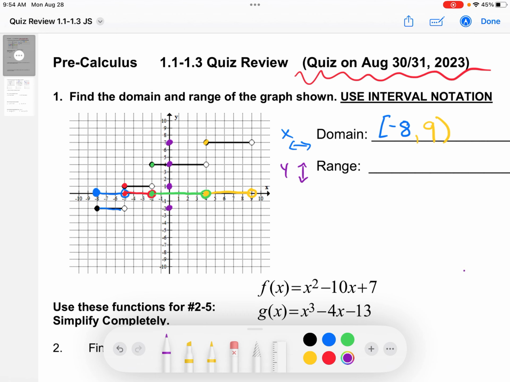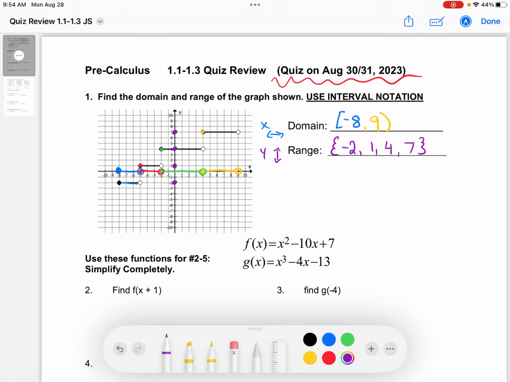So we list that as a curvy brace, and we list those individual y values and end it with a curvy brace. We're not including all of the pieces between, so we list the individual values.